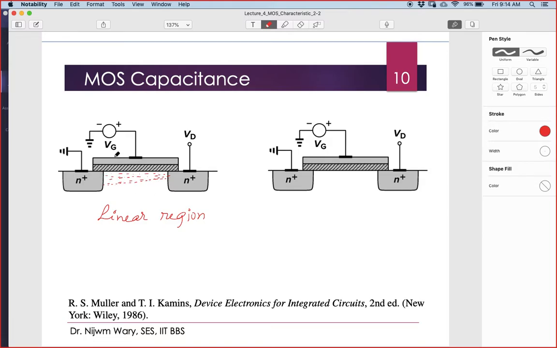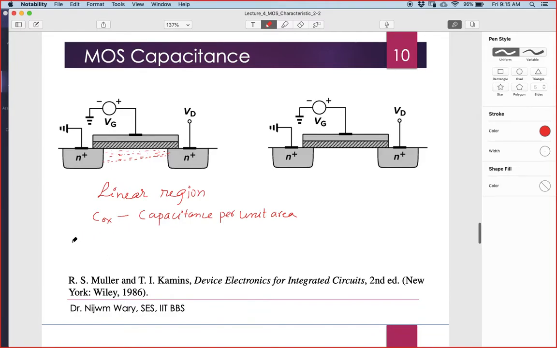So we have CGS and CGD. We know that COX is the capacitance per unit area.